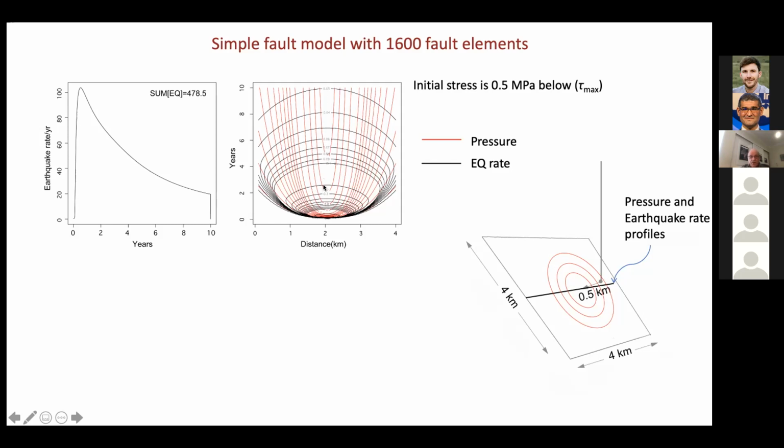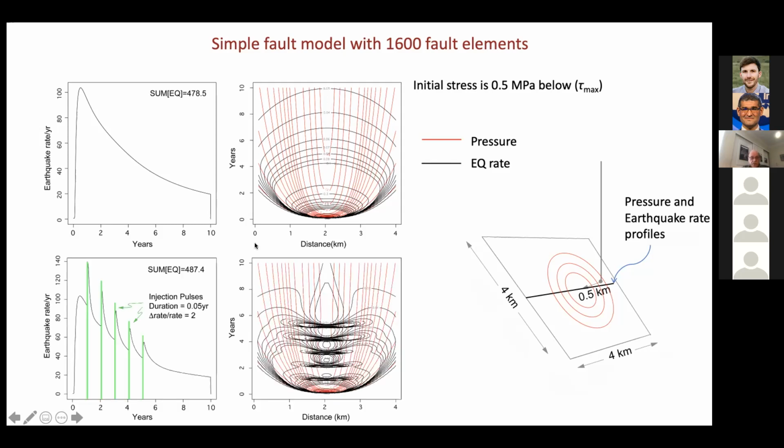The red are profiles of fluid pressure change, and the blacks are profiles over a wide range of earthquake rates. So it's a fairly simple result. You can see that the earthquake rates initially follow the pressure contours and go from there.